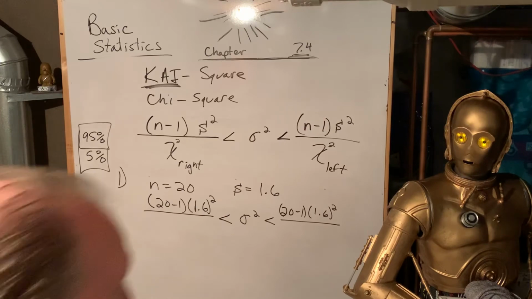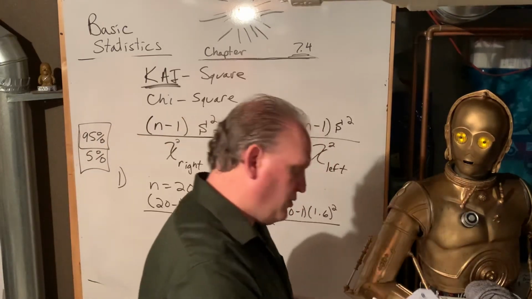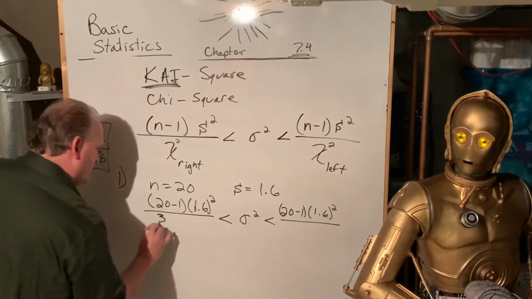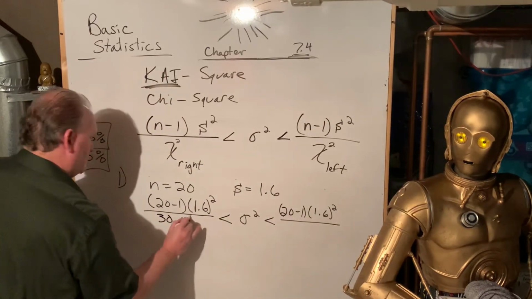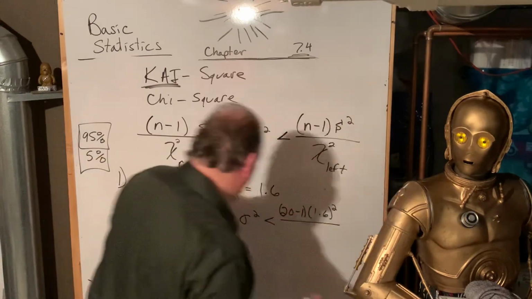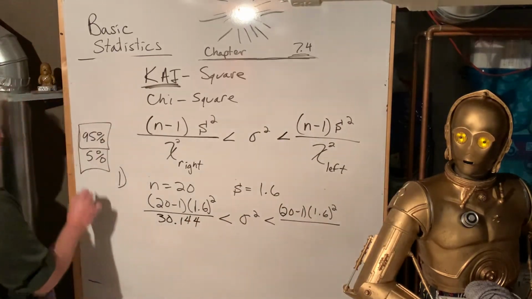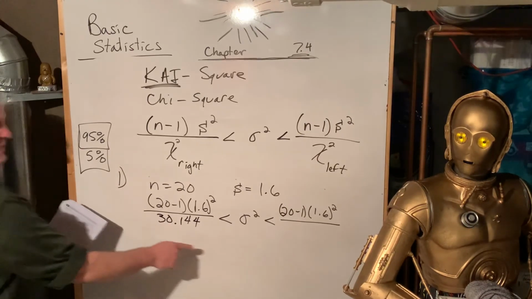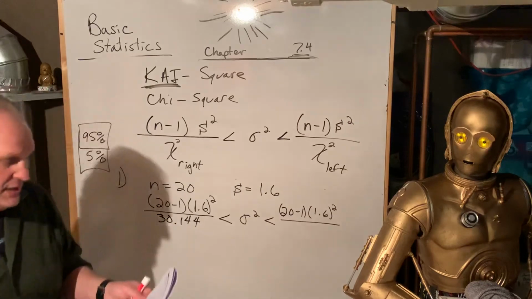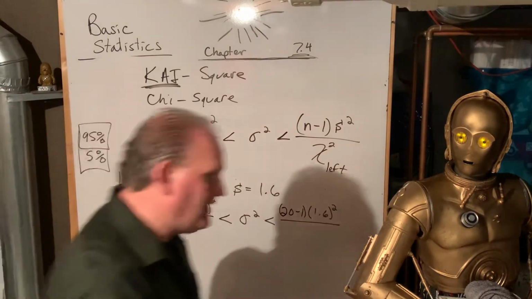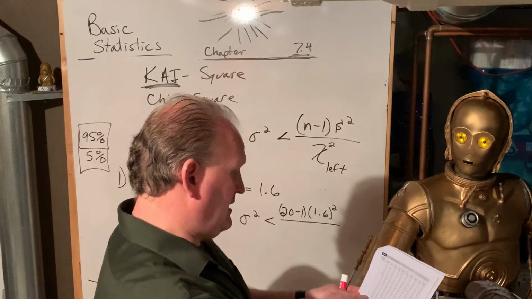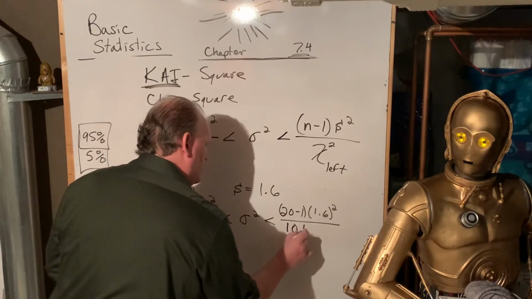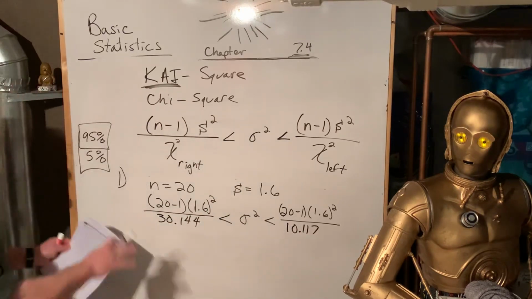That is 30.144, and that goes here on this end. Then the 95% goes on that end. So we look up 95% at 19 degrees of freedom. That's 10.117. A lot of people get these all confused.